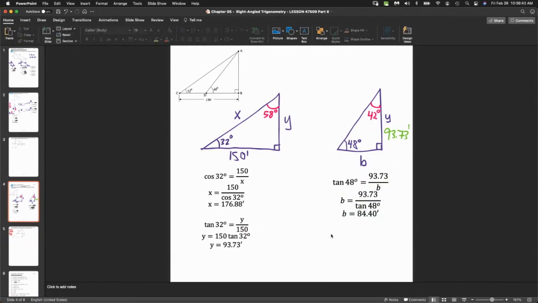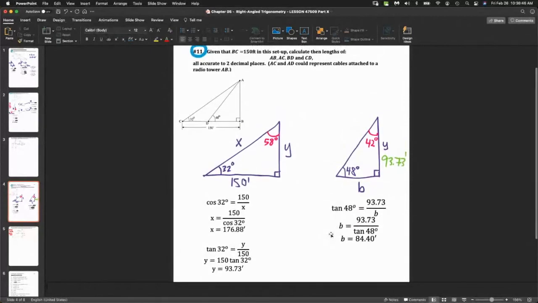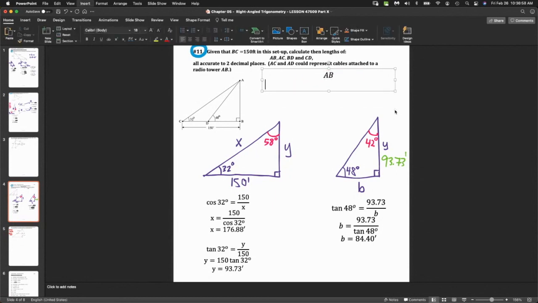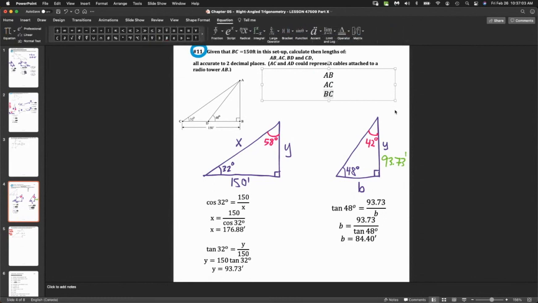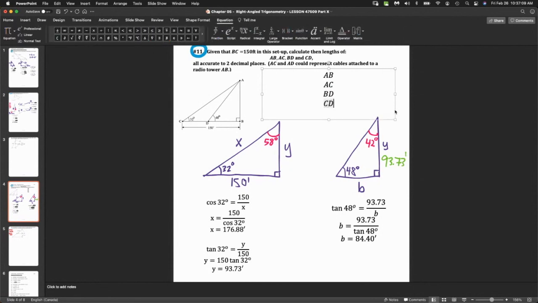Awesome. So let's go back to the question now and see what is going on here, because honestly, the question's good. I feel confident, but I'm just annoyed by all the letters. So I'm going to go over here and make a list. AB, AC, BD, and CD.